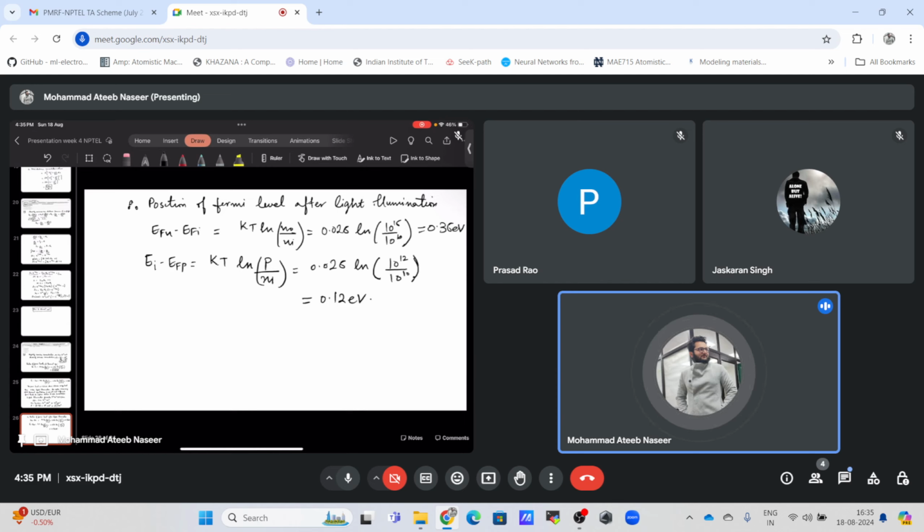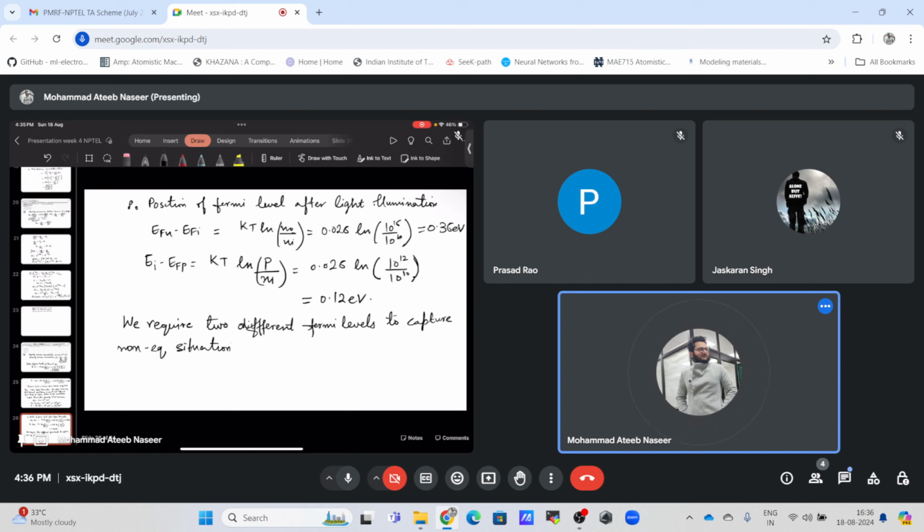So what have we deduced from it? That we require two different Fermi levels to capture the non-equilibrium situation.